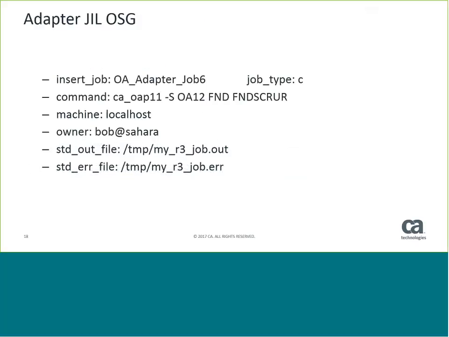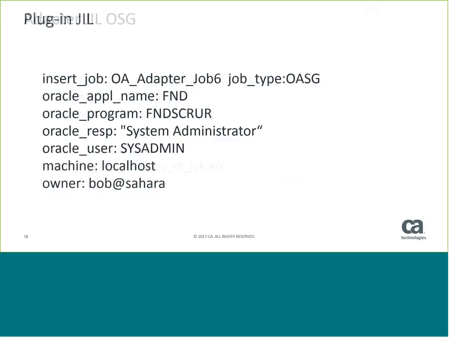So here's a sample of an Oracle job. We're running the command. We're giving it a request set. Notice it's running on a local system with Bob at Sahara. Once again, standard out, standard error. And when we make the transition, notice my attributes have changed. I'm specifying an Oracle user. My machine is the agent.